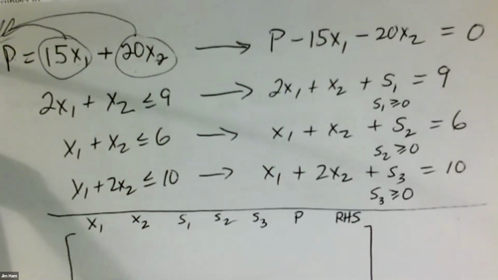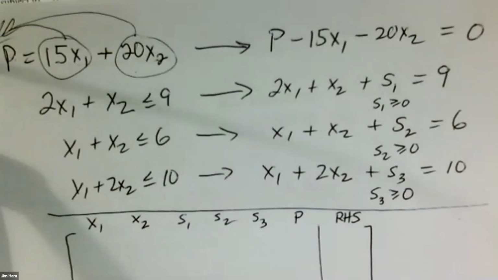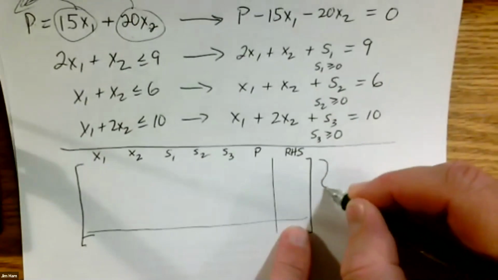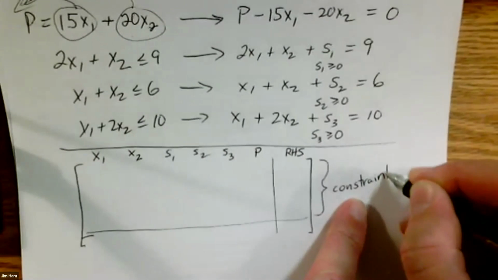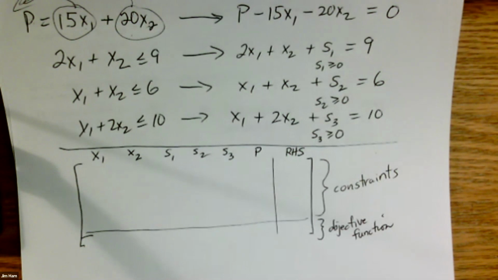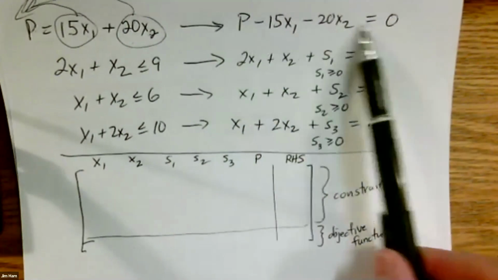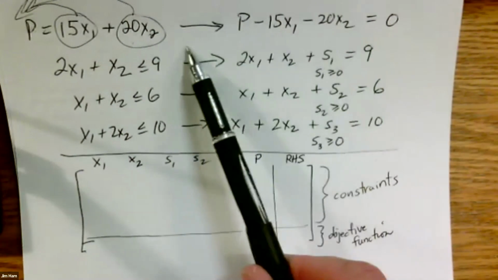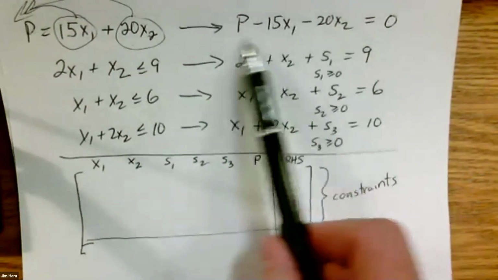Now we're going to have 4 different rows here. I usually separate them. The first 3 are going to be the constraints, and we always put the objective function in the bottom row. We'll take them one at a time. This equation contains the p. This is the one that goes in the bottom row. There is no s1, there is no s2 in here.